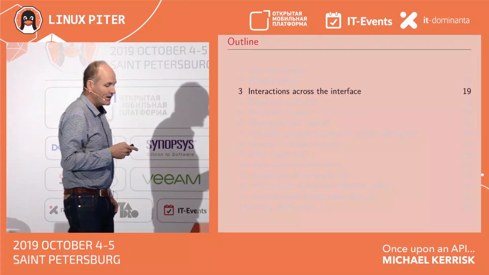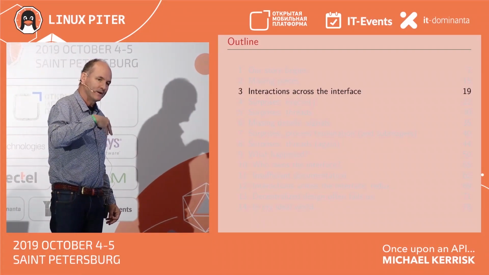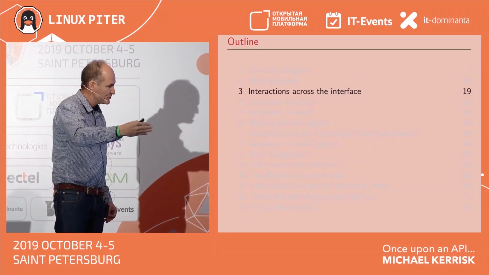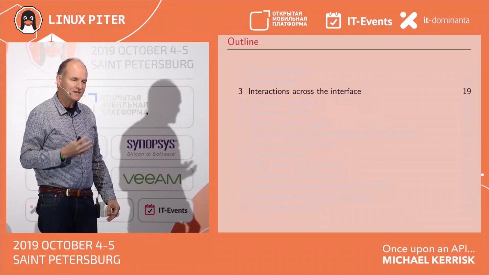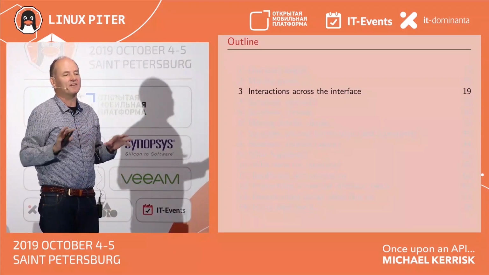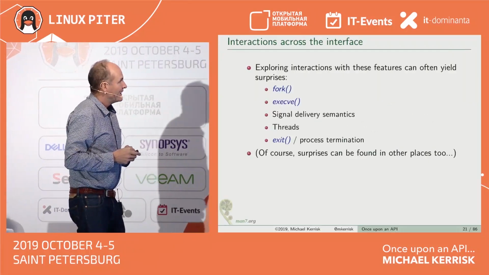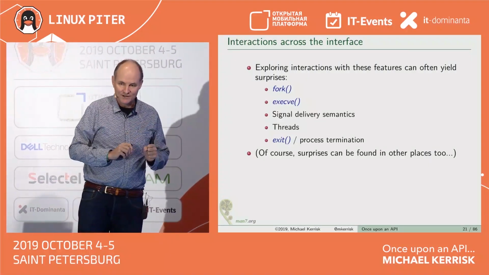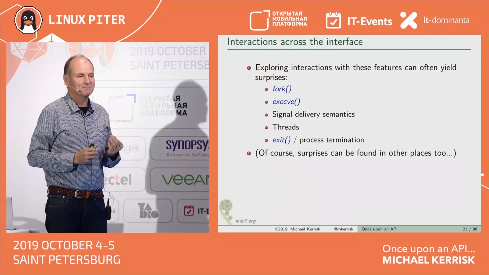Okay. Now, whenever a new feature is added to the interface, the question for me is always to wonder, how does that feature interact with other features that are in the interface? And I often find these areas are rich veins for finding surprises.